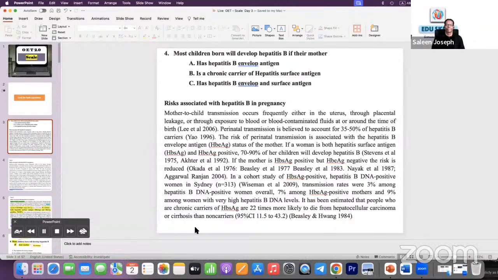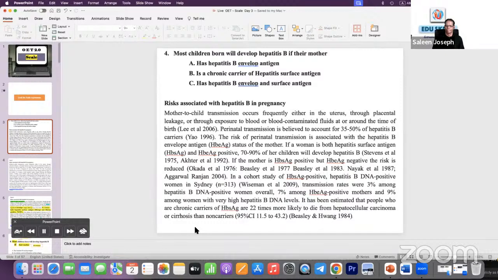Stevens et al. 1975. Akhtar et al. 1992. If the mother is HBsAg positive but HBeAg negative, the risk is reduced. Okadar et al. 1976. Beasley et al. 1977. Beasley et al. 1983. Nayak et al. 1987. Agawal Ranjan 2004. In a cohort study of HBsAg positive, hepatitis B DNA positive women in Sydney N equals 313. Wiseman et al. 2009.